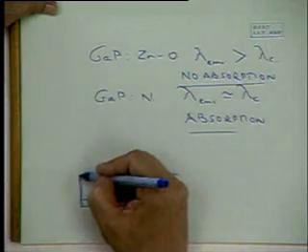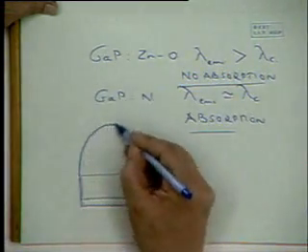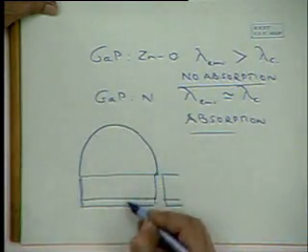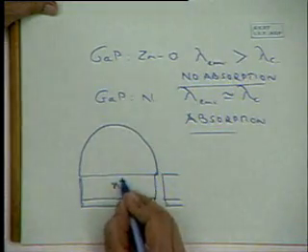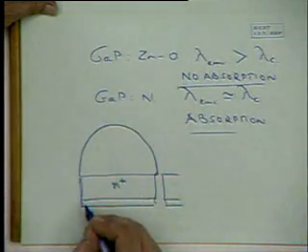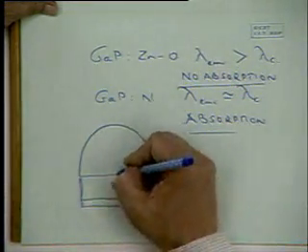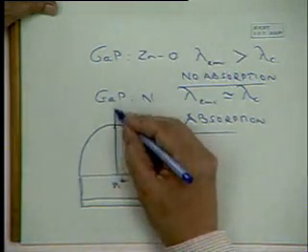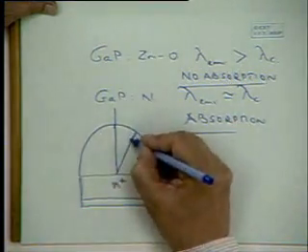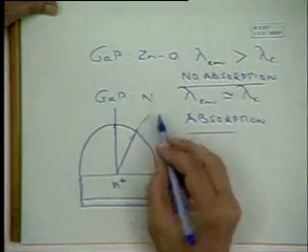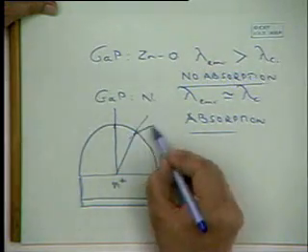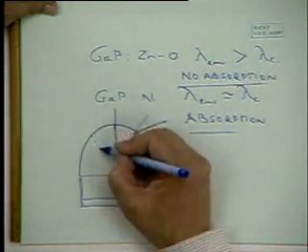So if you have a semiconductor fashioned in the form of a hemisphere, the light will come there and go out. Light here will not be too far from the critical angle, and that also will come out here.